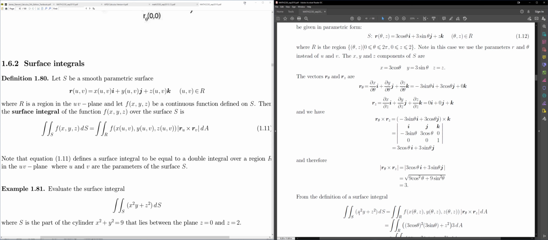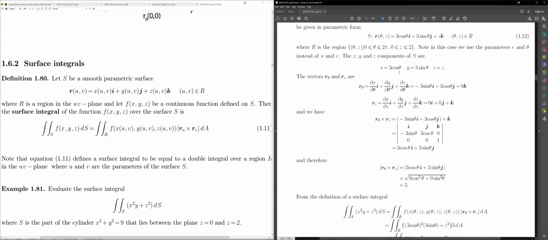Where you see the x, the y, and the z, you replace them by the corresponding functions of theta and z. That is what this is saying over here.